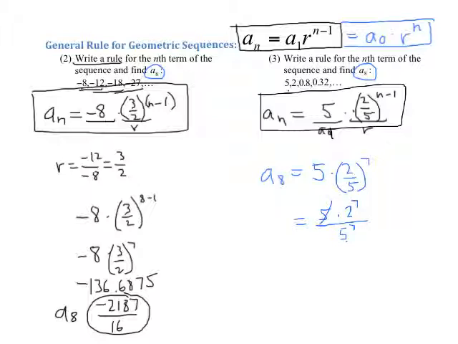We could reduce that to 5 to the 6th. And then each of these things could be calculated one at a time. 2 to the 7th power is 128. And 5 to the 6th power is 15,625. And so that's just another way of looking at it if you don't want to use your calculator.